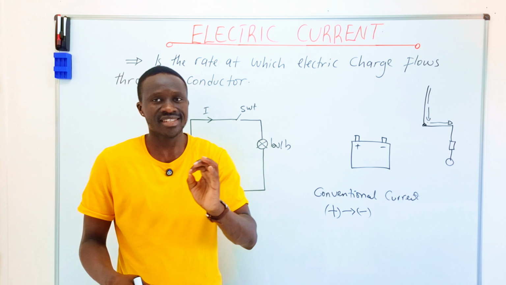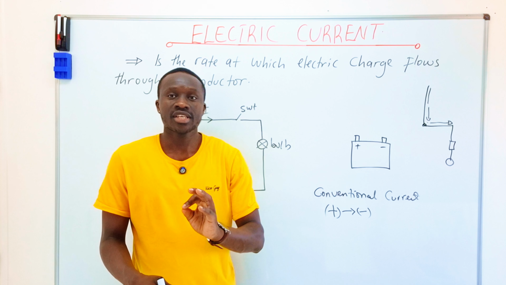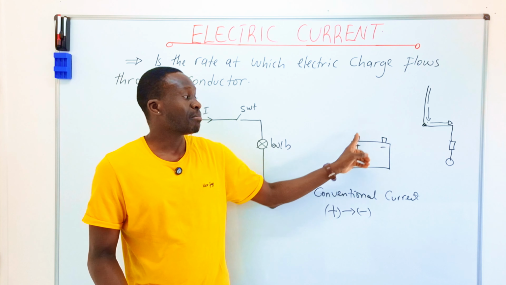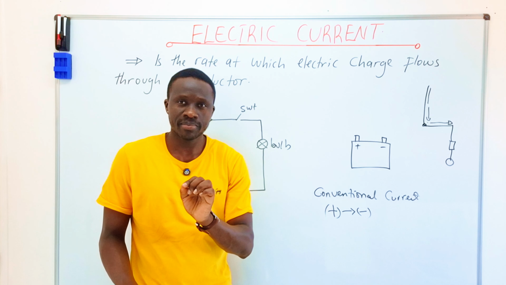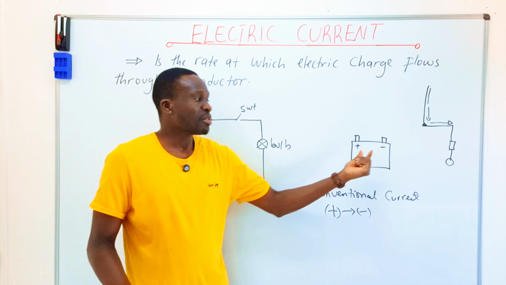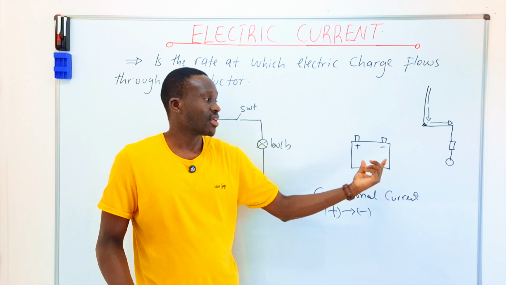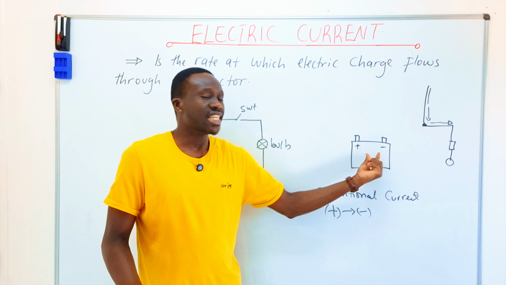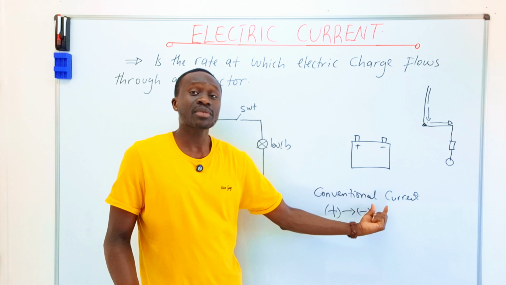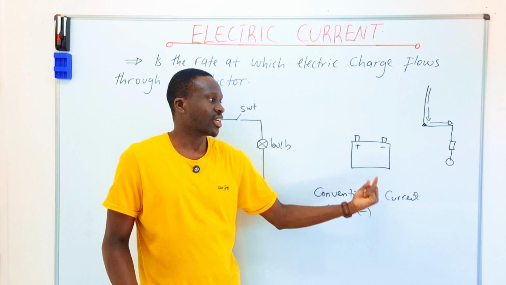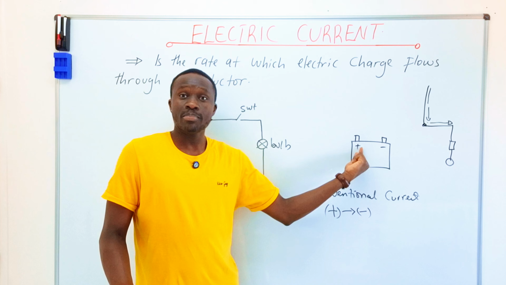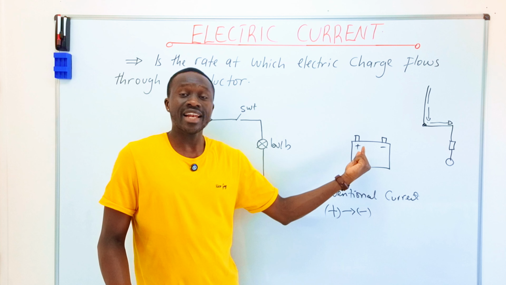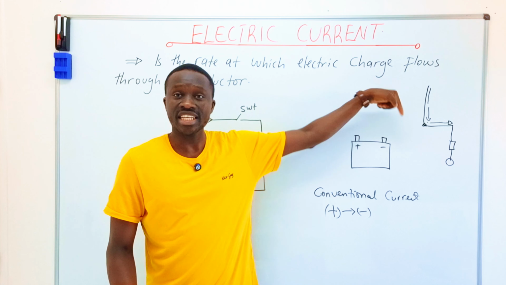But in actual sense, electrons move from the negative terminal to the positive terminal on the battery. Some people use the conventional current principle and think that on the battery, the positive terminal is where electrons move from.